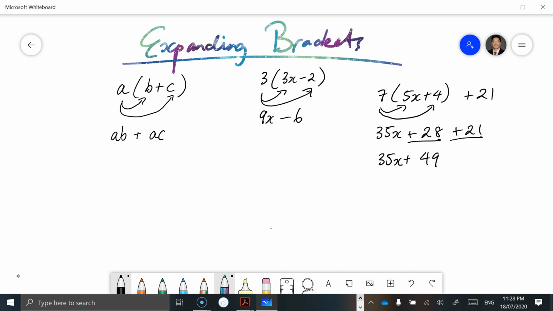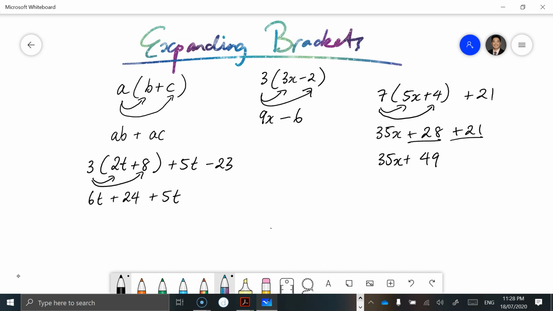Okay, then let's look at something like 3 outside of (2t plus 8) plus 5t minus 23. Again, just focus on the brackets. We've got 3 times 2t, which is 6t, and 3 times 8 is 24.